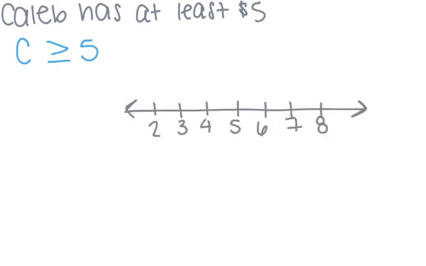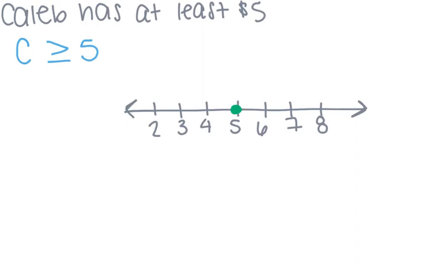So on your screen, I have drawn a number line, and we're going to plot a point at 5, and it's going to be a closed circle, because a closed circle, when we are graphing inequalities, stands for equal to. And we know that Caleb has at least $5, where equality with C is greater than or equal to 5, so it's going to have a closed dot.